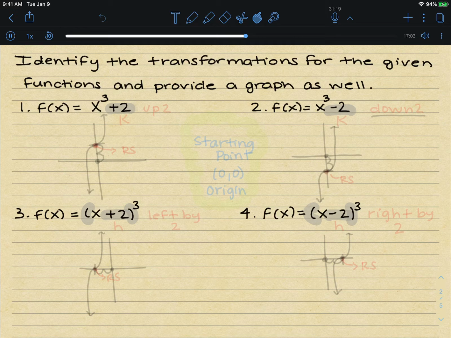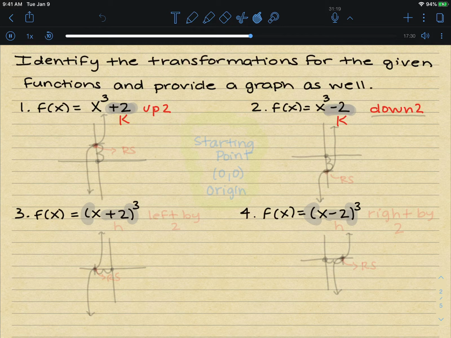Since 1 and 2 don't have parentheses, that means that this +2 and this -2 are going to be the value of K. And K, according to the previous page, says that I go up or down. So I'm going to go up 2, and over here, I'm going to go down 2.